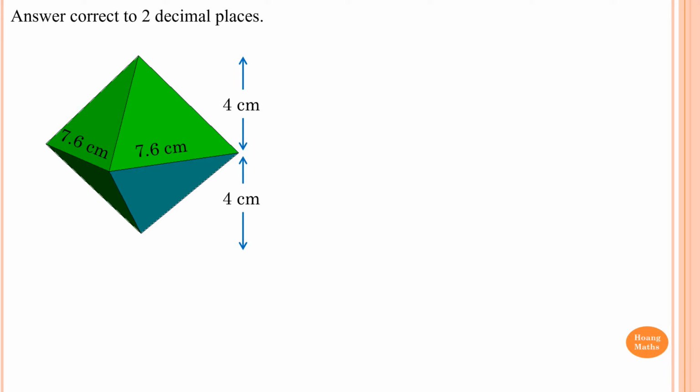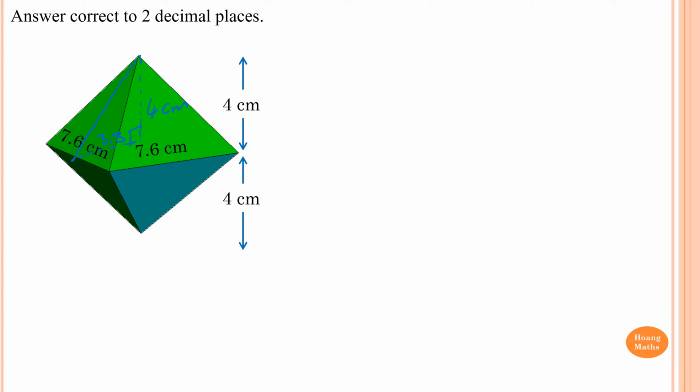So what we do, I just construct a right angle triangle first. I just do it this way. So that's what I get here. This is 4 centimeters. And because from here to here is 7.6, this one is half of 7.6, which is 3.8 centimeters.